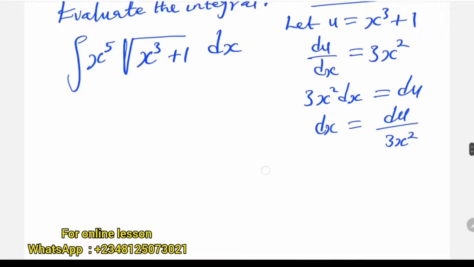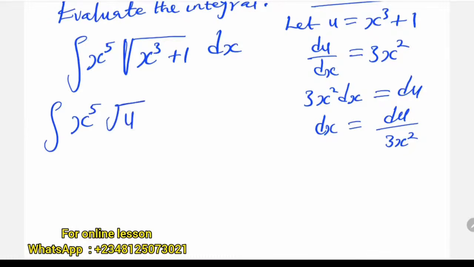Now let's come to this our integral. We know that at this point, it will become x raised to power 5. Then the whole of this here is u, which becomes the root of u. Then where's our dx? The dx is now du over what? 3x squared. So it becomes du over 3x squared.